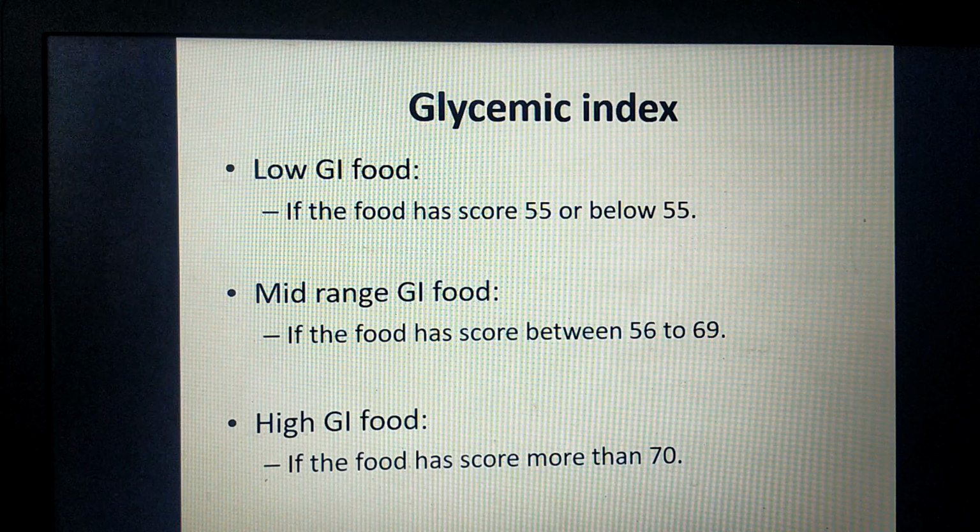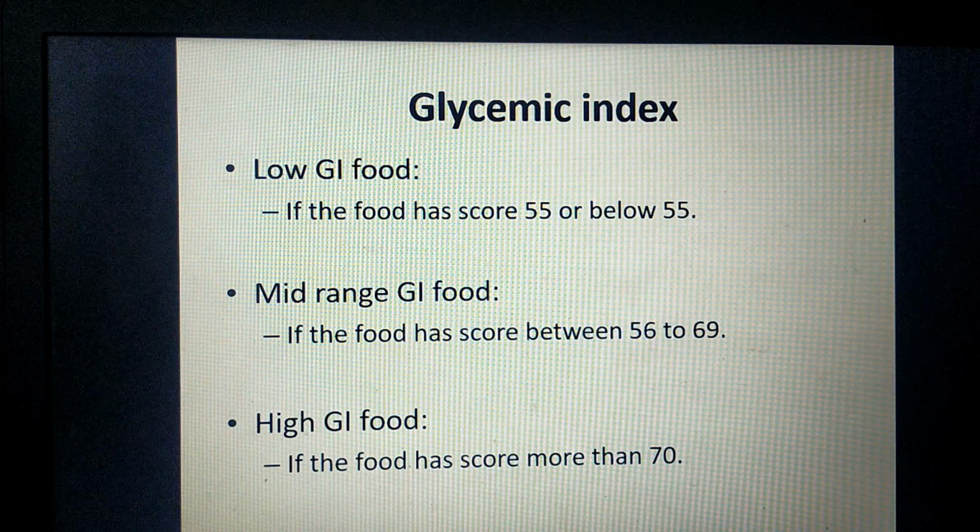We have divided foods into 3 types: food with low glycemic index, mid-range glycemic index, and high glycemic index. If after calculating you get a score of 55 or below, then such food or test meal is called a low glycemic index food.